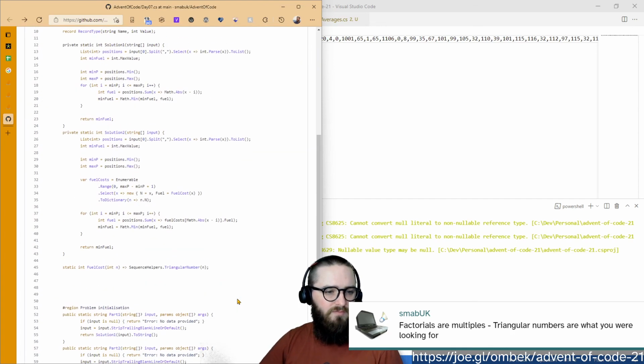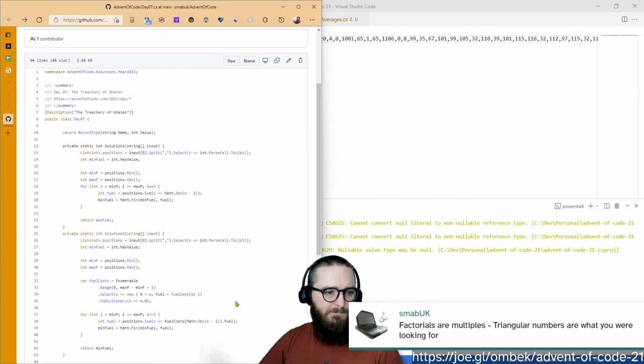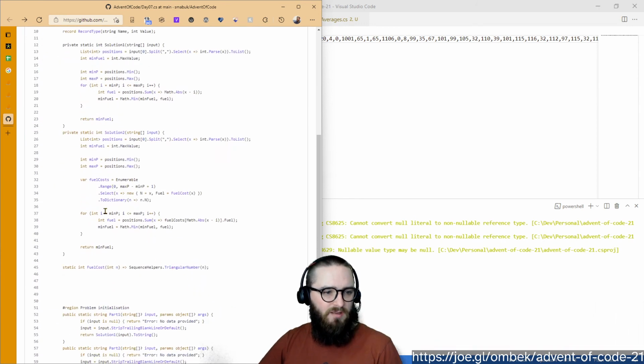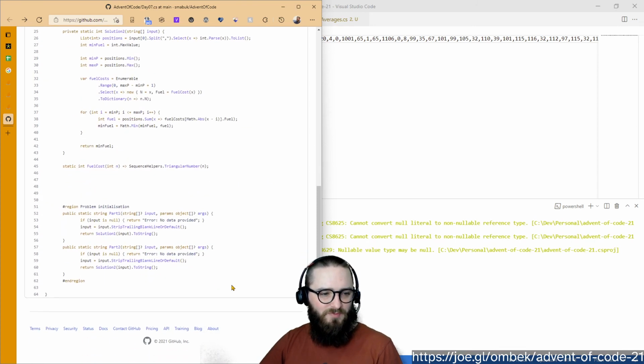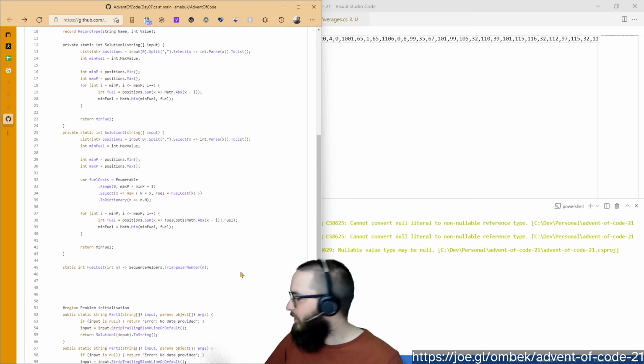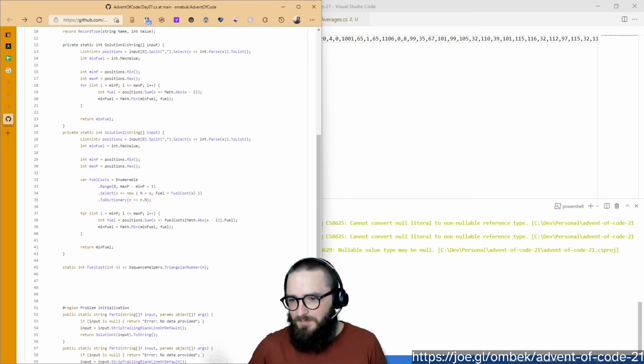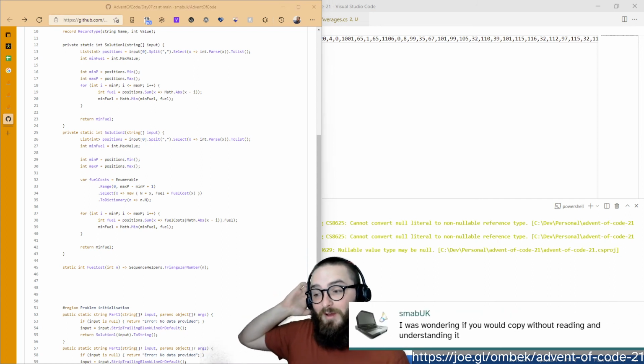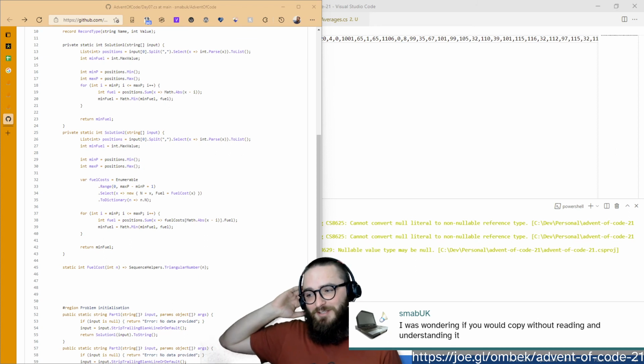Other than that, you didn't find a cheat though. That's what I was hoping for. Right, my dog is angry and trying to go outside. I was close to just copying and pasting it.